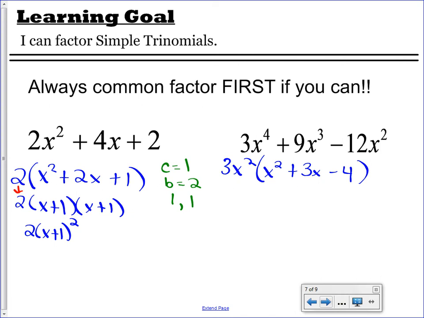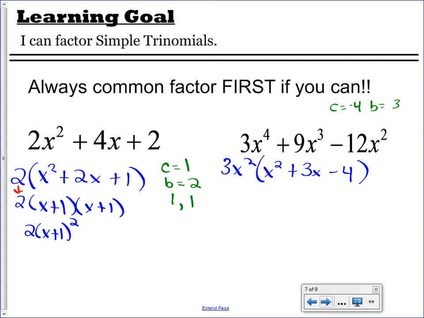Okay, I need to find two numbers that multiply to what? Nathan? Two numbers to multiply to -4 and add to +3. What combination will give me that?